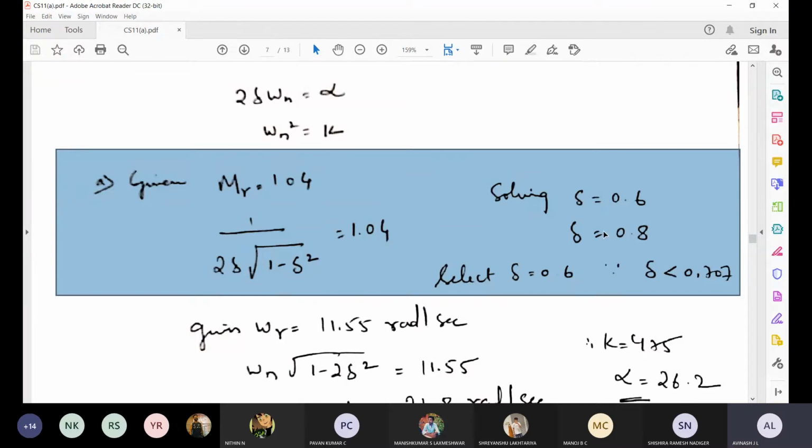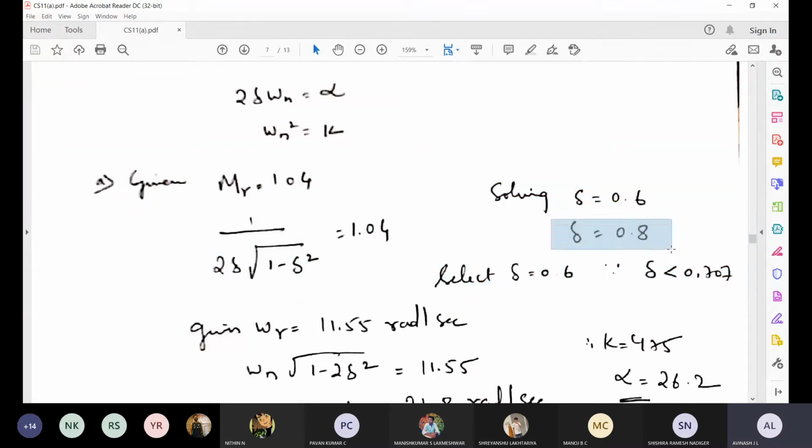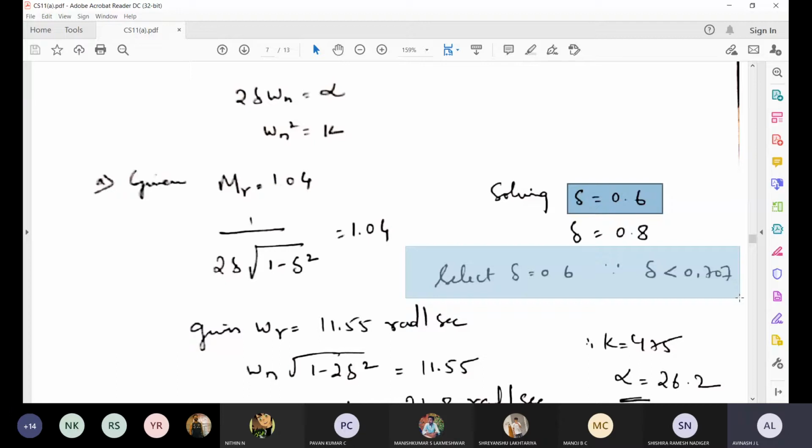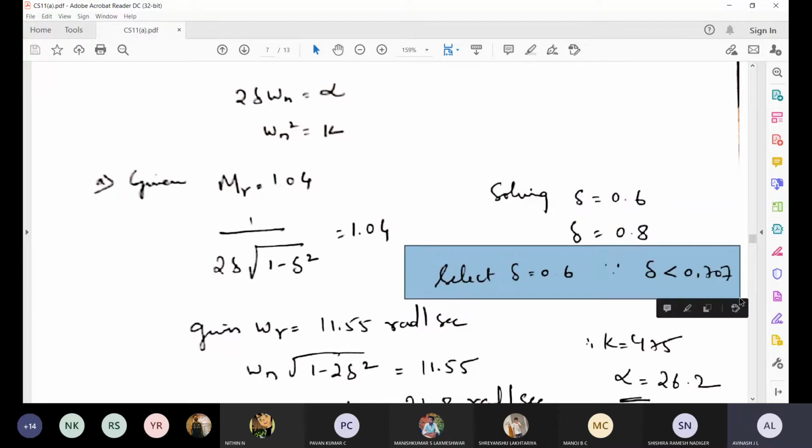Here 0.8 is above 0.707. That is why we are discarding this value and considering delta as 0.6. So we select delta equal to 0.6 because delta should be less than 0.707.